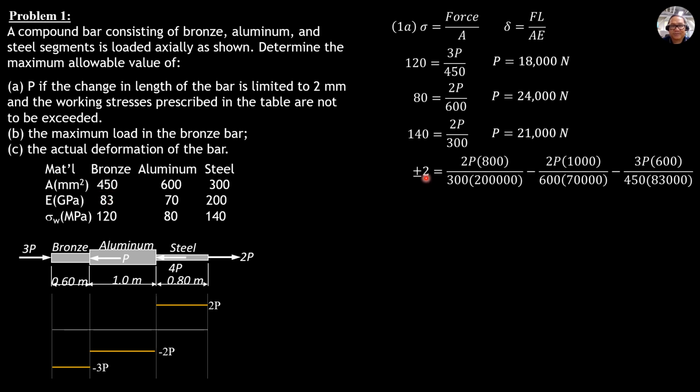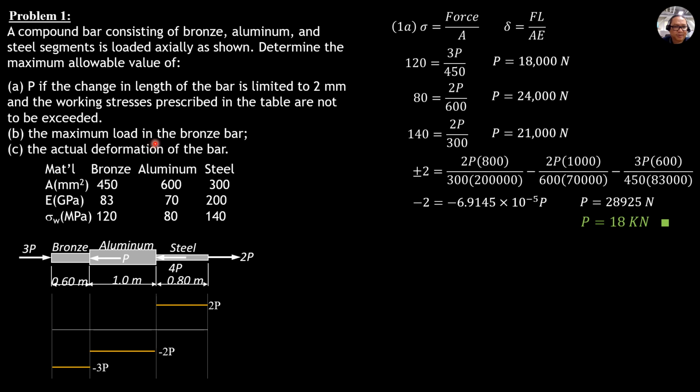Because the right side is negative, we consider negative 2 equals, combining the right side in terms of P, negative 6.9145 times 10 to the negative 5 of P. So solving for P is 28,925 newtons. Therefore, the safe value of P is 18,000 newtons or 18 kilonewtons.